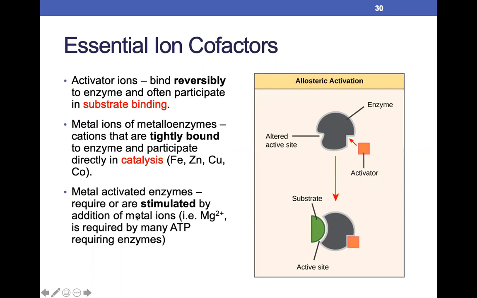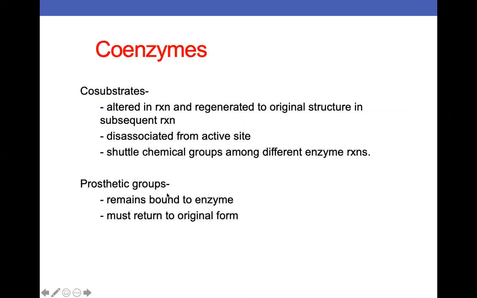Hopefully that helps you differentiate the 3. Remember the flowchart that I talked about. The giveaway of metal activated is something like stimulation or increased activation rate, talking about the rates of the chemical reaction.